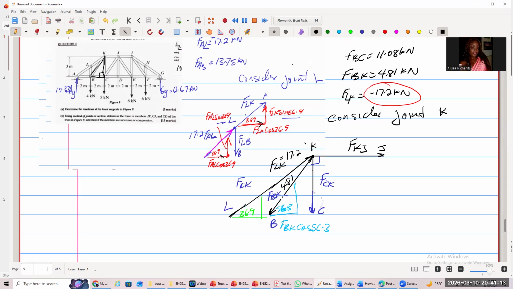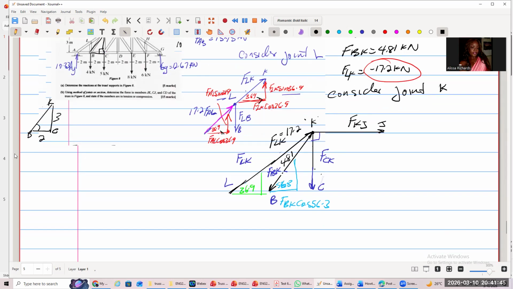I can't get anything different. This is K. This is B. And this is C. You see it? This is 2, and this is 3. I'm not going all the way down. No, there's no 5. There's 2 and this is 3. You see what I'm saying? Oh, okay. That is the right angle triangle that I'm interested in. All right?